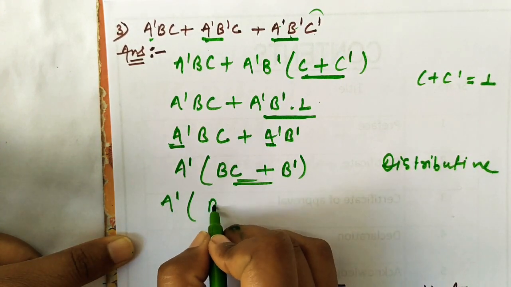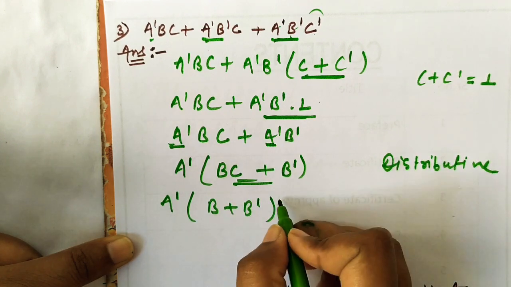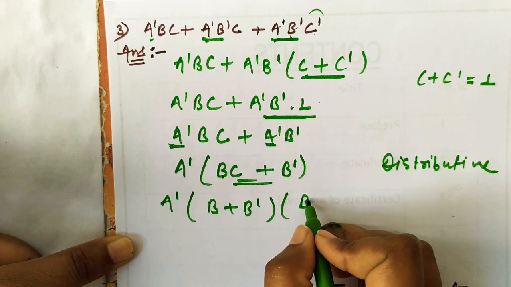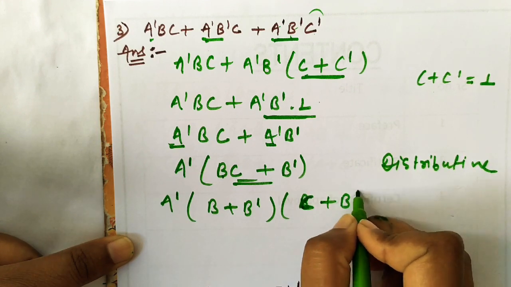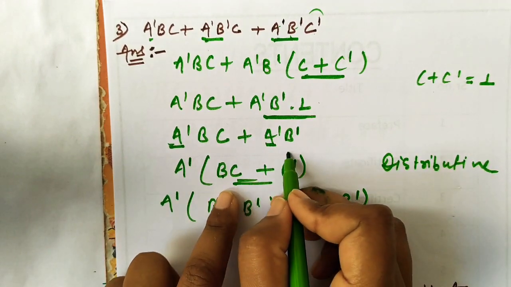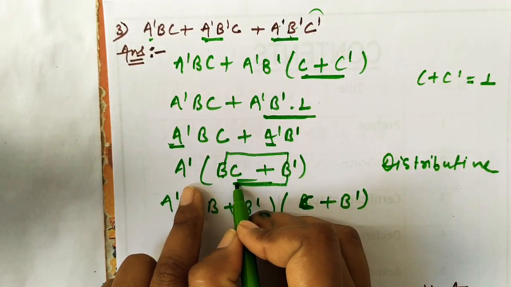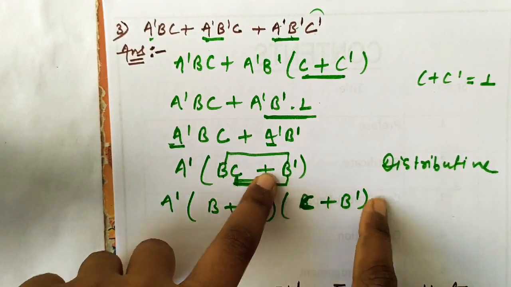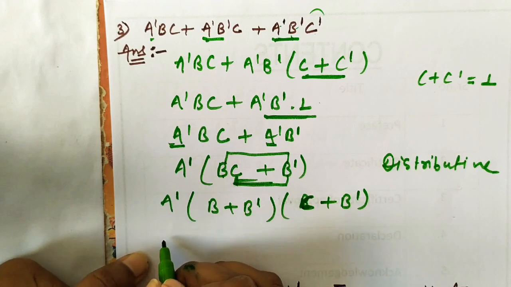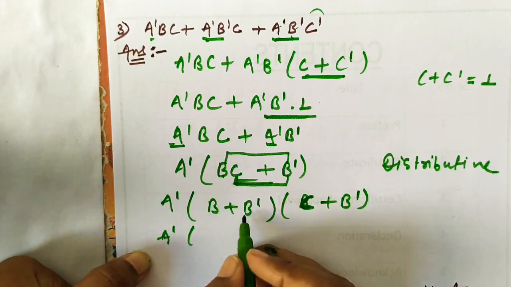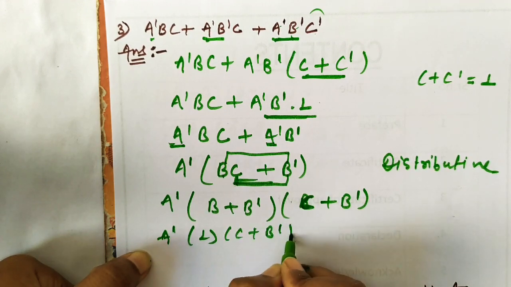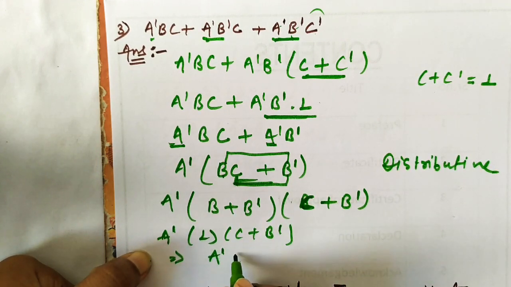Distributive property: b plus b' and c plus b'. Here b' with c and b with c. b plus b', then c plus b'. This is the distributive property. After that, here again b plus b' is 1 by using complementary law, then c plus b'. So here is a' c plus b'.